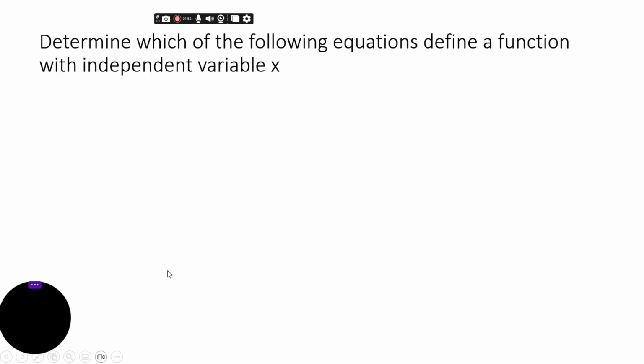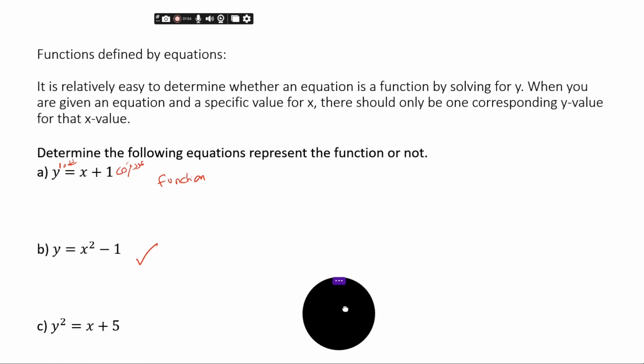But here the power of y is 2, which is even, so this is not a function. No need to check the power of x, only the power of y. If it is even, then it is not a function. If it is odd, then it is a function.